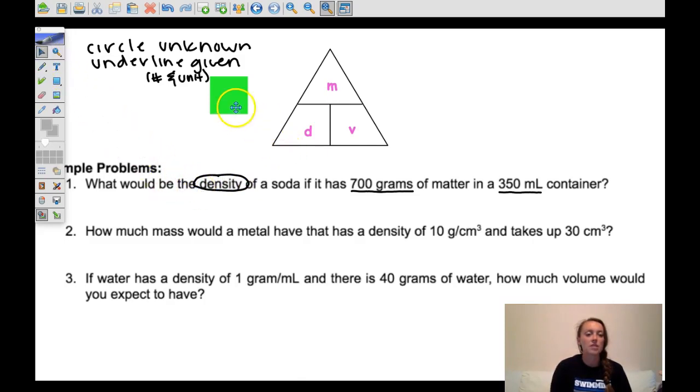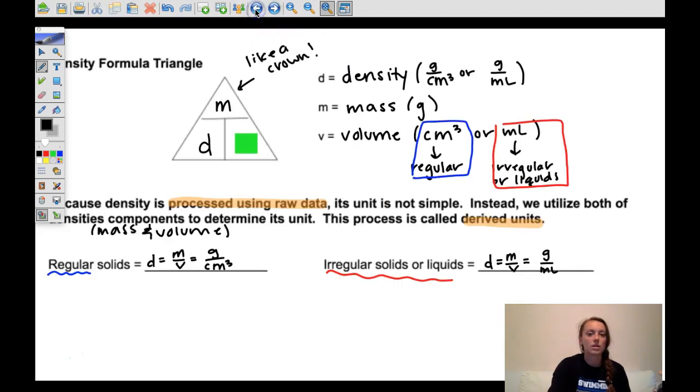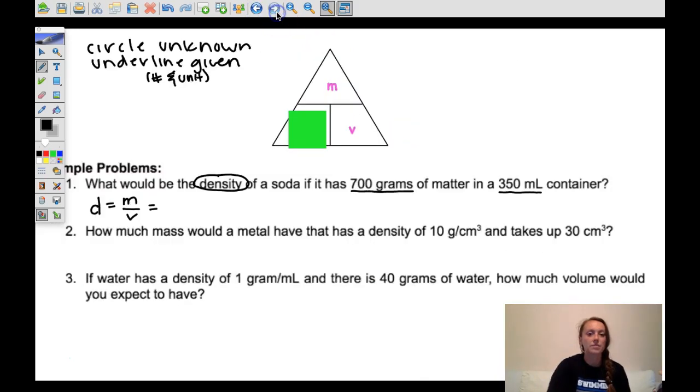So because I'm solving for density, I'm going to use my thumb to cover up D, and I'm left with mass over volume. So my formula is density is equal to mass over volume. So now I have to remember if grams is mass or volume. And if I look back at my notes, I see that grams is the unit for mass.